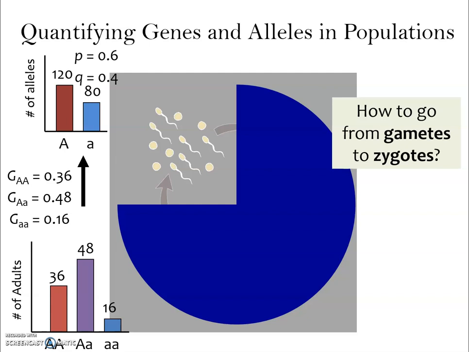Step 1, our first calculation step, was to calculate allele frequencies, and we did that 2 ways, the long-handed way and the shorter way, straight from genotype frequencies. And now what we want to do is ask, what genotype frequencies do we expect if these gametes are sorting themselves out into zygotes in a random way?